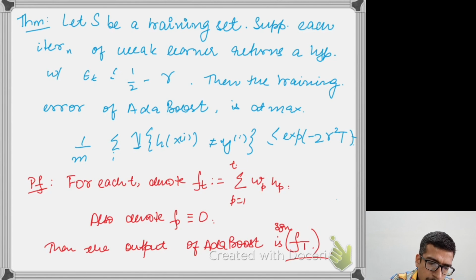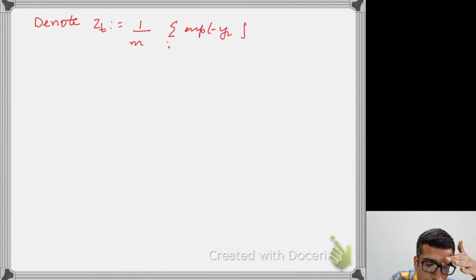Okay. Next we denote Z sub small t, defined as 1 by m times the sum over i of exponential of minus y_i times f_t of x_i.